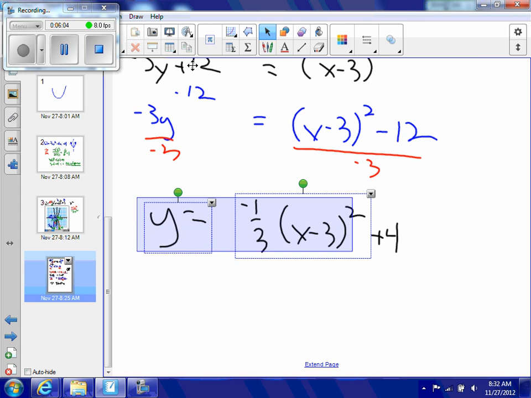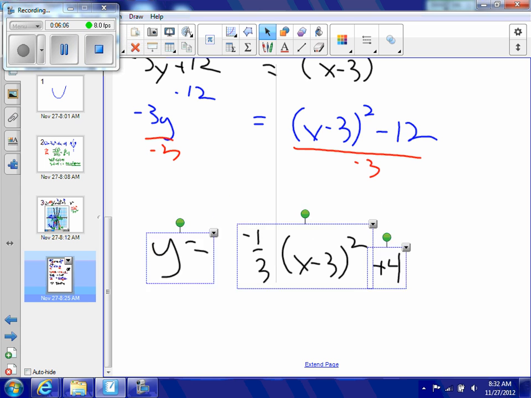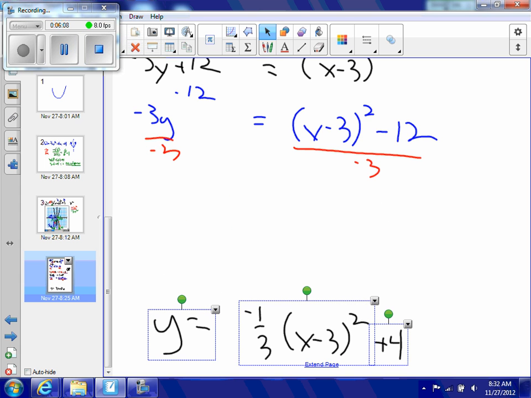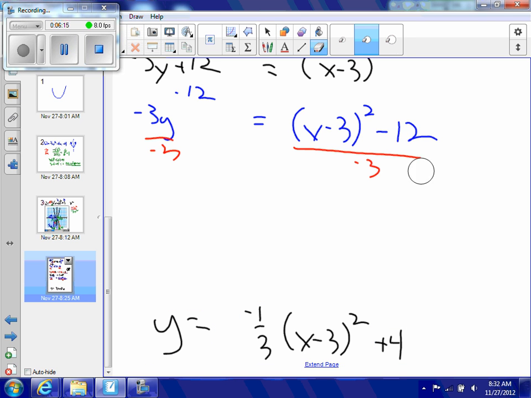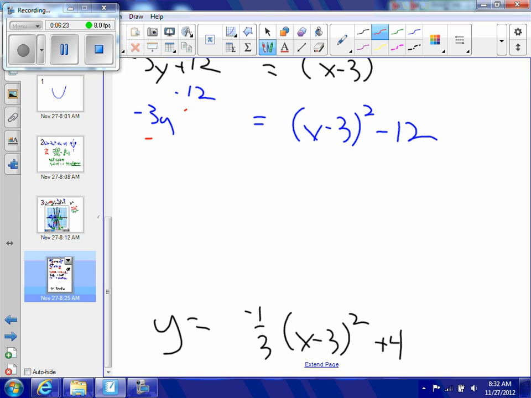let's take this here and pull it down a little bit here. Okay. So I divided this side by negative 3. Let's not divide it by negative 3. Let's multiply it by negative 1/3.